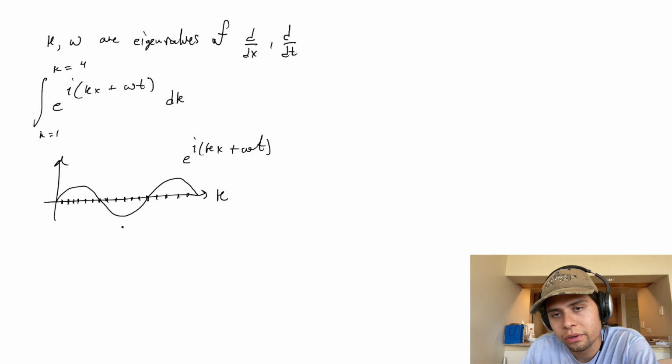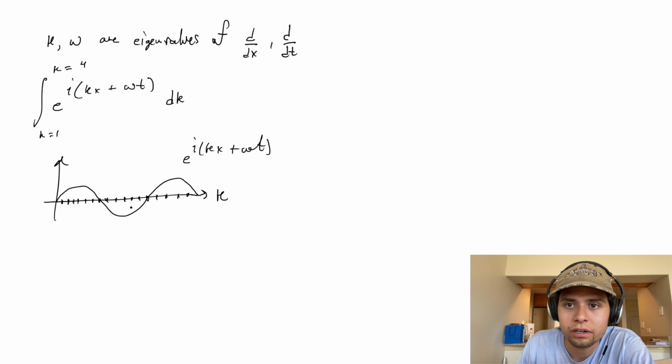Basically what we're saying is k is the independent variable, in which we can choose one of these values and we get the value for this wave right here. So say we choose this one. This would be k1, k2, k3, k4, k5.